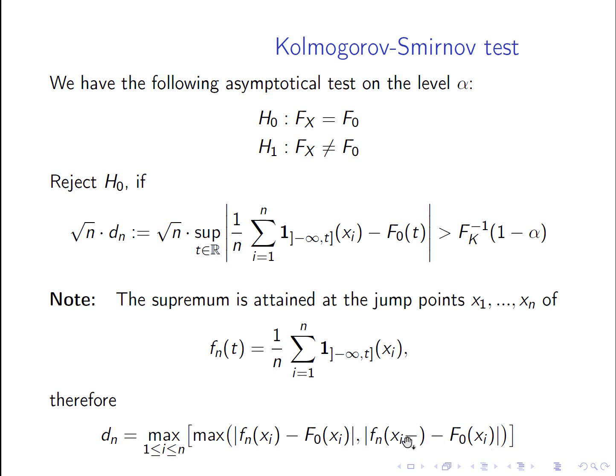Well, it's the left limit here. So we need to look at Fn at xi, take the limit from the left, and compare this with F0(xi), absolute value, max, and then we get our value for Dn.